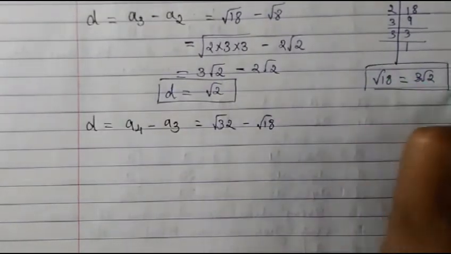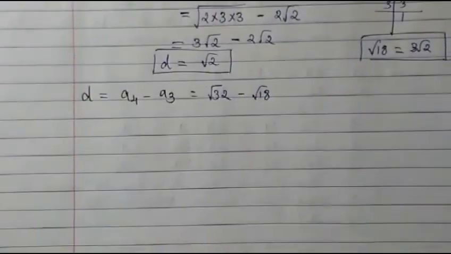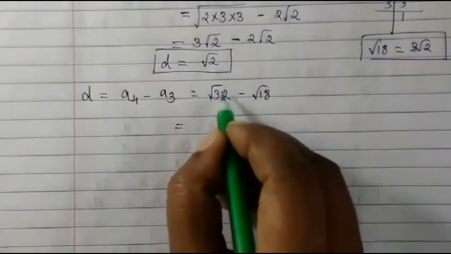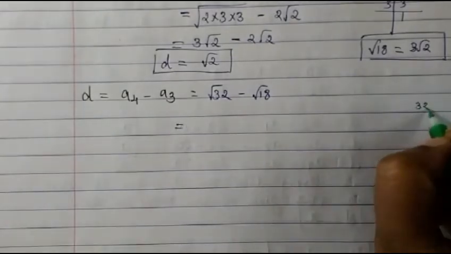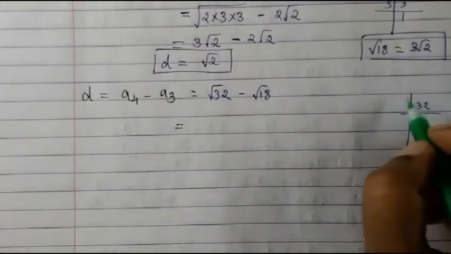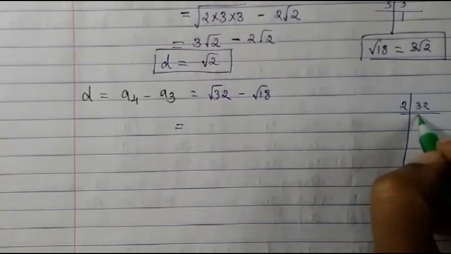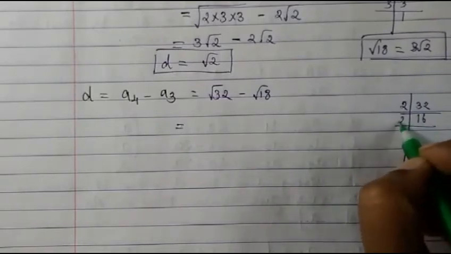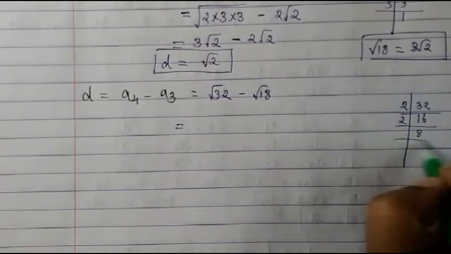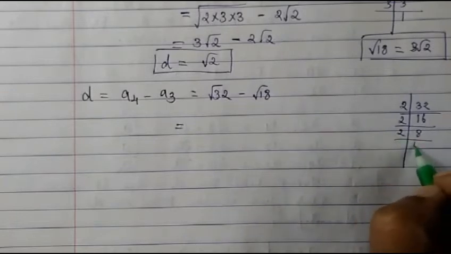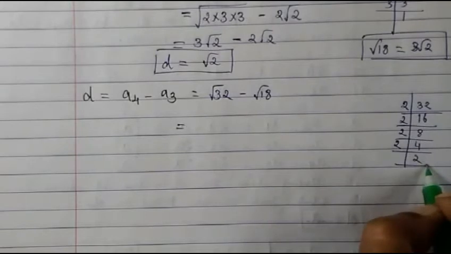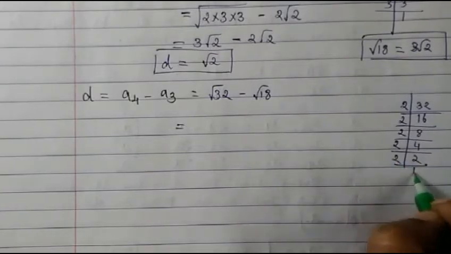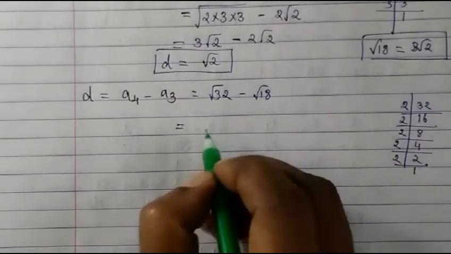We need this because we have to write it down here. Now root 32, let us factorize this 32. If we factorize, table 2 will give us 16 times 2, then table 2 will give us 8 times 16, 4 times will give us 8, and 2 times will give us 4, and 2 times 1.